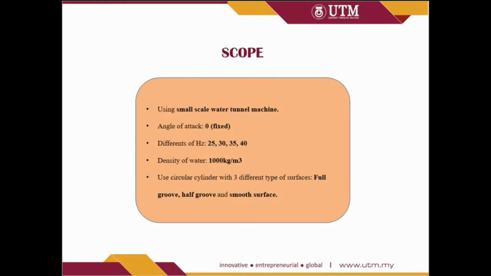The density of water is 1000 kg per meter cubed. There are three models, which are circular cylinders with three different types of surface: full groove surface, half groove surface, and smooth surface. The material of this model is Arcalite.